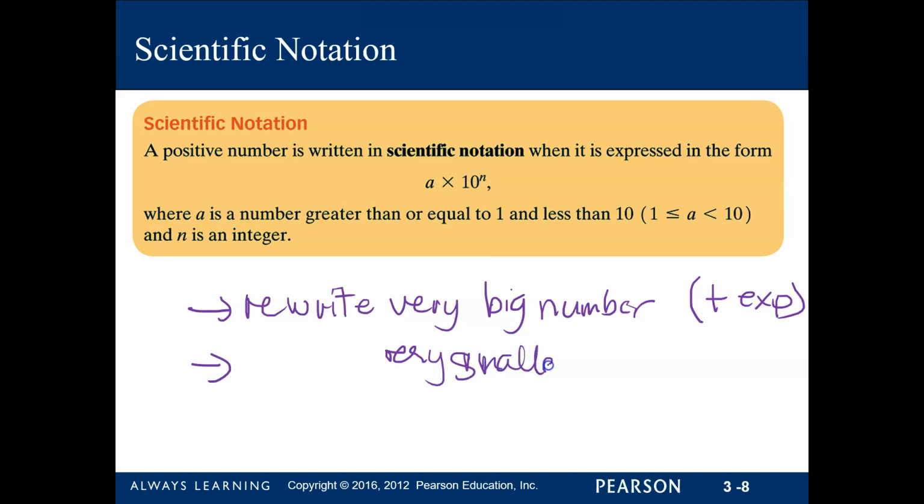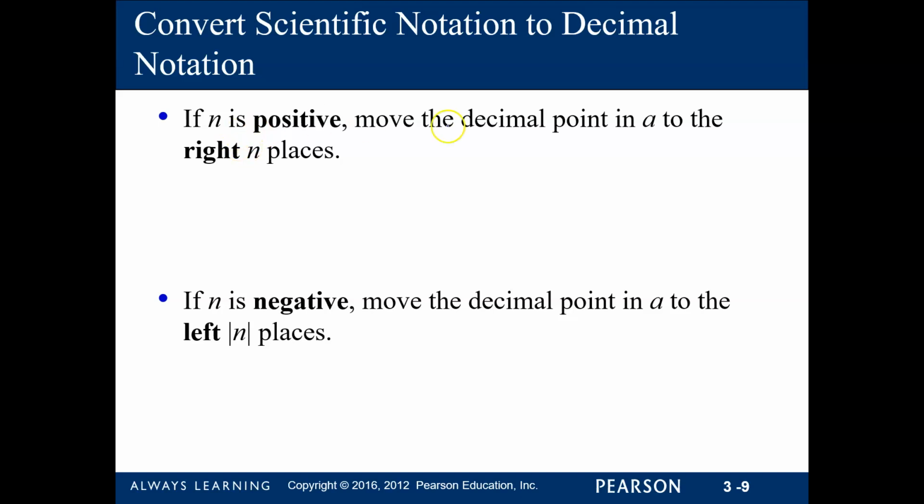When you have a very big number, you have a positive exponent, and when you have a very small number, you have a negative exponent. So if your n, the power of 10, is positive, you move the decimal point n places to the right. If it is negative, you move it to the left.